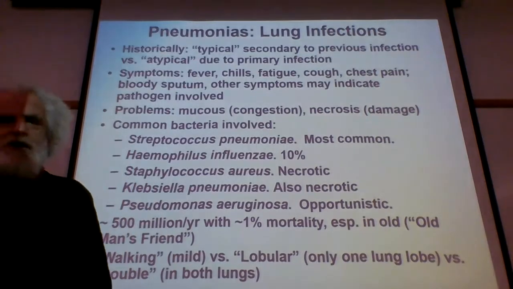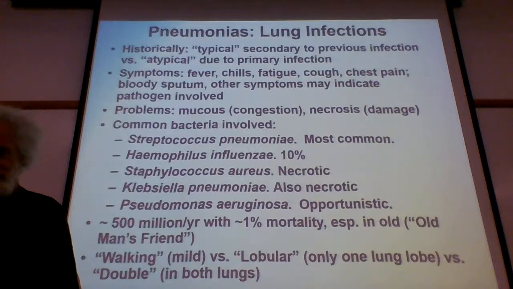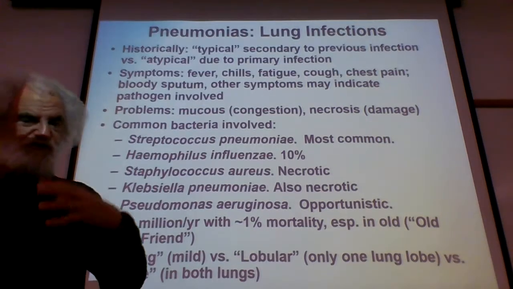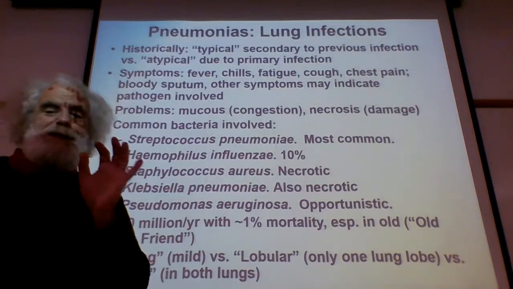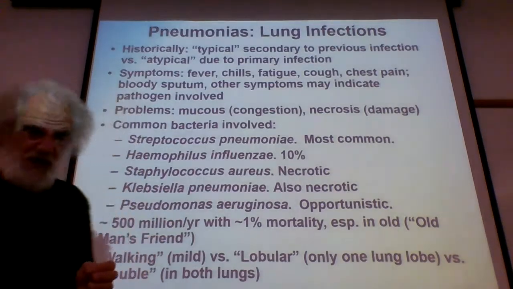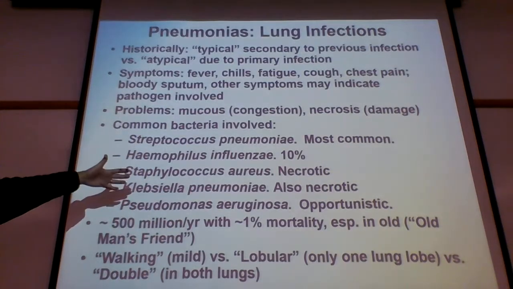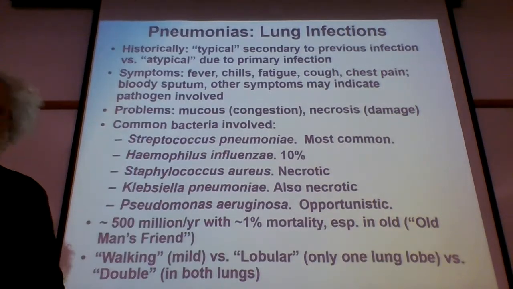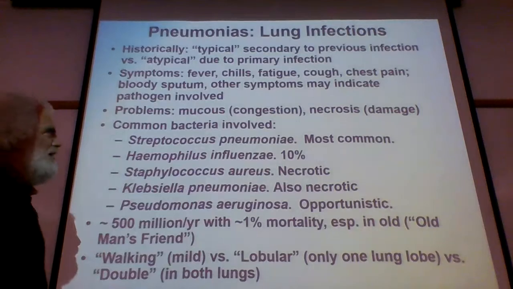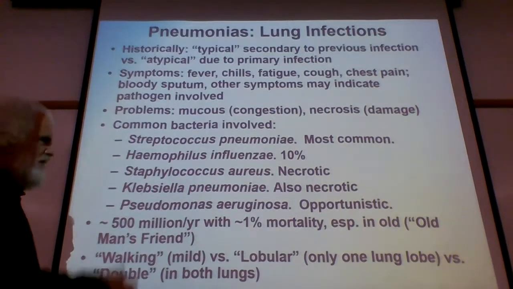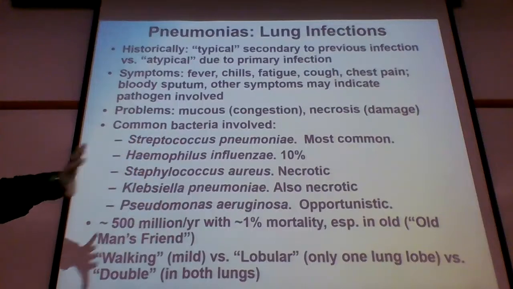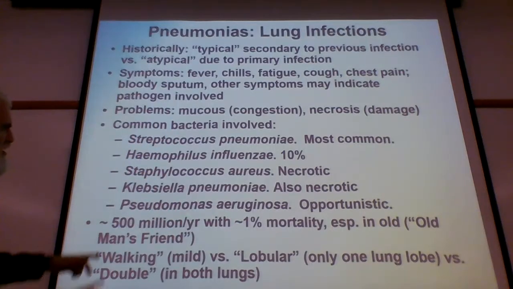And pneumonia is, as I said, a term that is used to describe a set of symptoms. It is not a single organism. So the common bacteria involved are Streptococcus pneumoniae, that's the most common, but Haemophilus influenzae is also found as a pneumonia-causing bacteria.